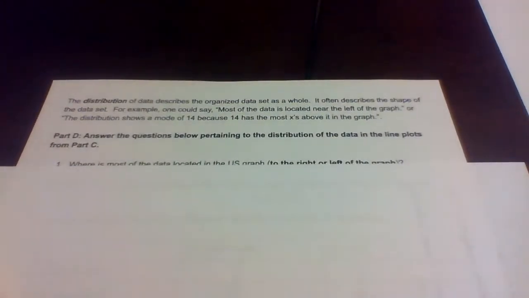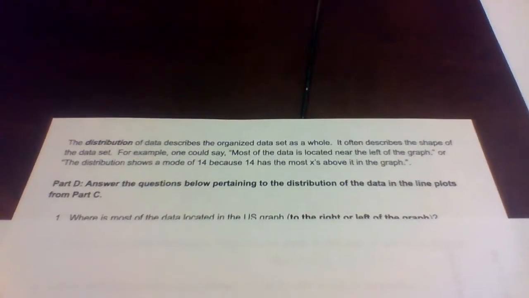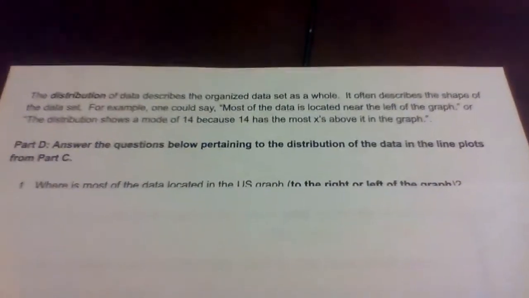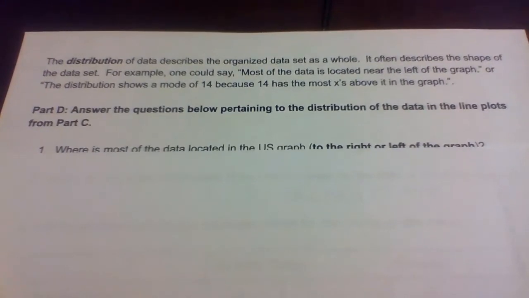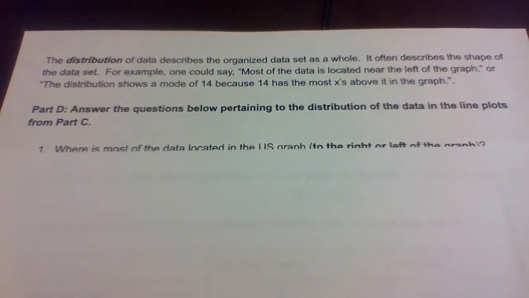Okay? The next piece talks about distribution of data. And I kind of just covered that by just looking at the shapes of the graphs. It says the distribution of data describes the organized data set as a whole. It often describes the shape of the data set. So for example, you might say, looking at the graph, that most of the data is on one side of the graph.